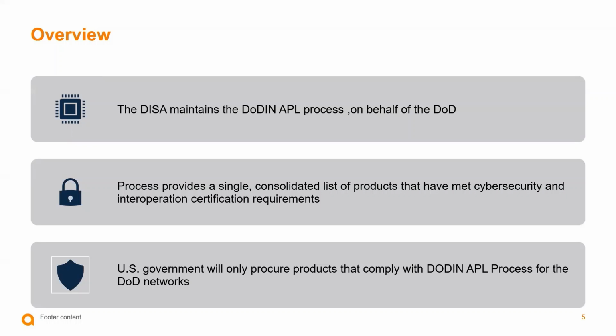The DoDin APL is an acquisition decision support tool for DoD organizations interested in procuring equipment to add to their DISN network to support their mission. The US government and defense organizations will only procure products that comply with the DoDin APL process for the Department of Defense networks.